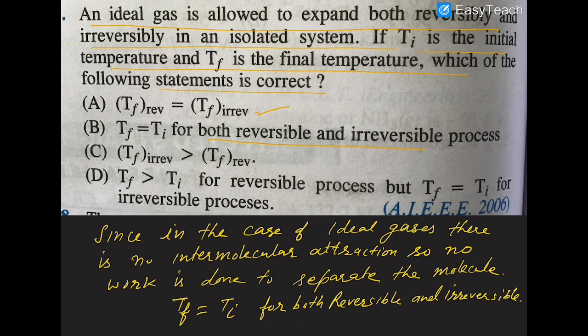So if no work is done to separate the molecules, then T final will be equal to T initial for both reversible and irreversible processes. That is very important. Remember that reversible and irreversible will have different values in the case of isothermal expansion, but not in the case of adiabatic.